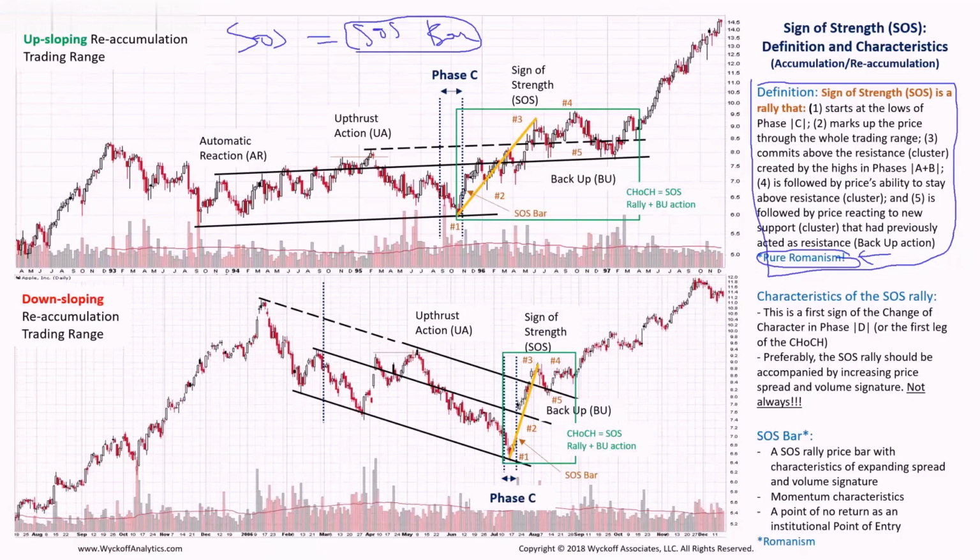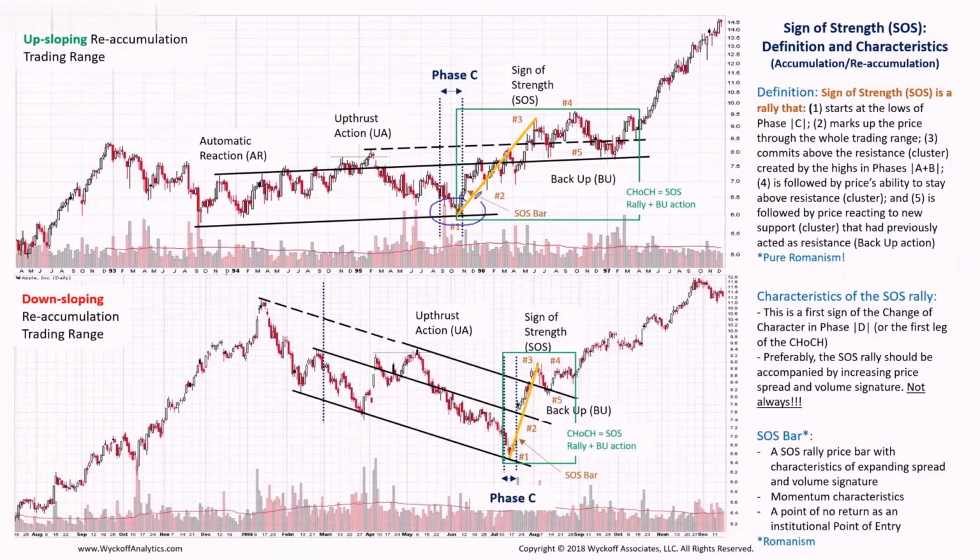So let's look at this. A sign of strength bar is going to be this, right? A bar that is increasing in spread and increasing in the volume signature. This bar does not qualify as a sign of strength rally. A sign of strength rally definition is going to be a rally that travels off the lows in phase C throughout the whole range, that commits above the area of the resistance that was created by phases A and B. So we see that commitment right here.